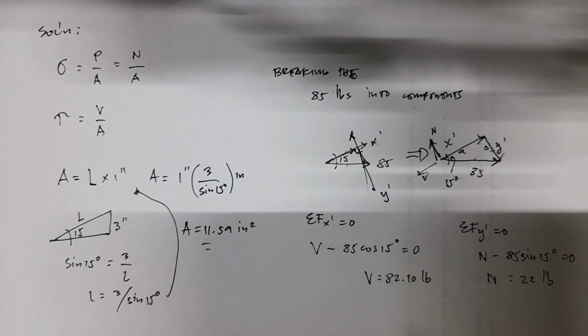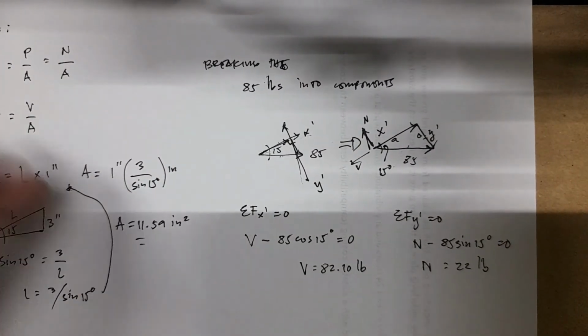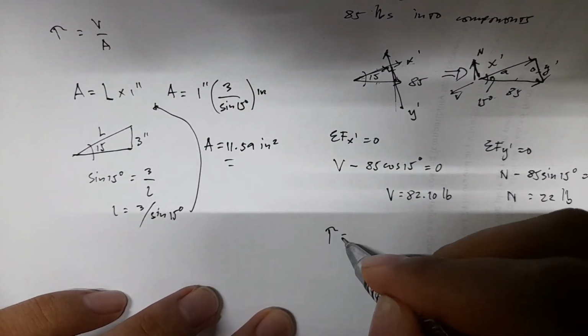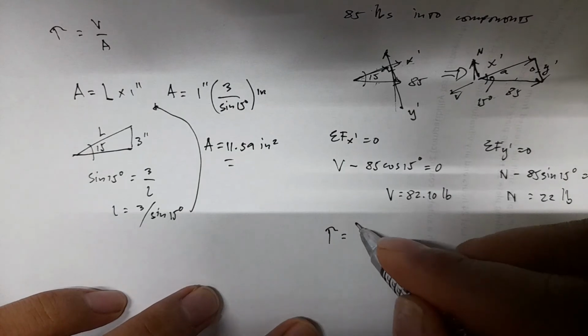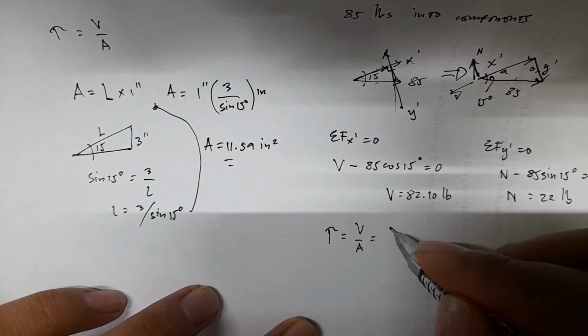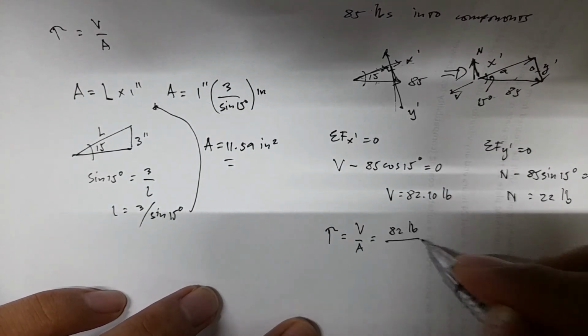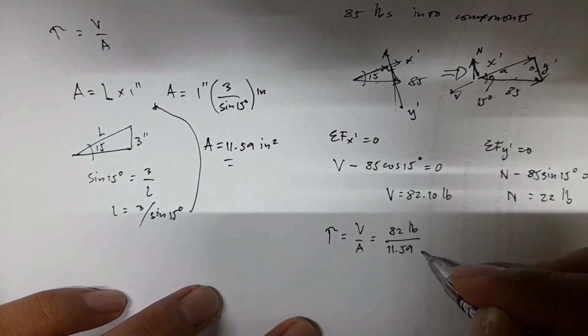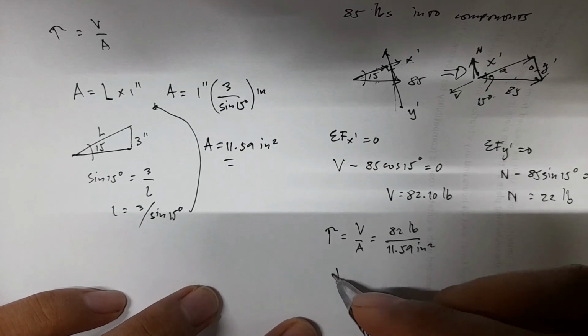We can solve first for the shear stress. The shear stress is just equal to V over A. We have 82 pounds over the area we solved earlier, 11.59 inches squared.